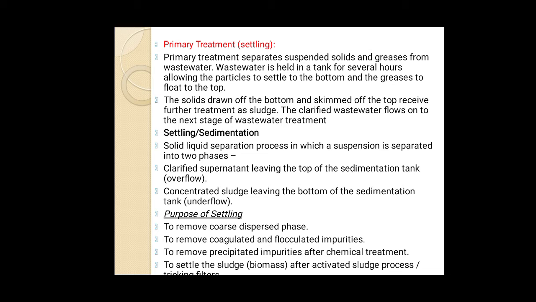It also helps to remove the precipitated impurities after chemical treatment is done on that sewage. Then it settles the sludge or the biomass after the activated sludge process or a trickling filter. These are the main purposes for settling the sewage.